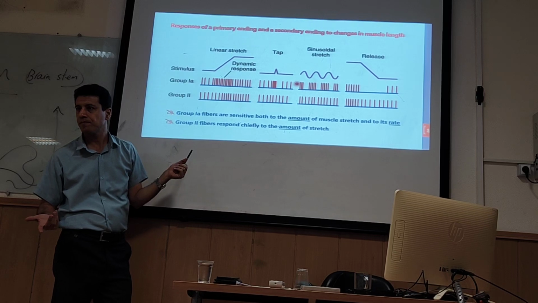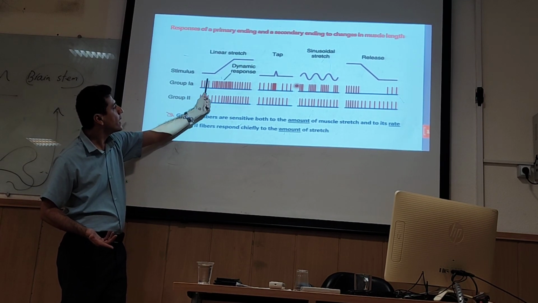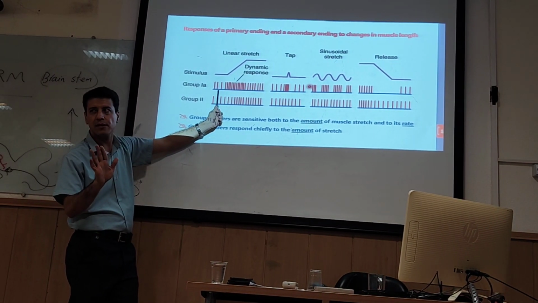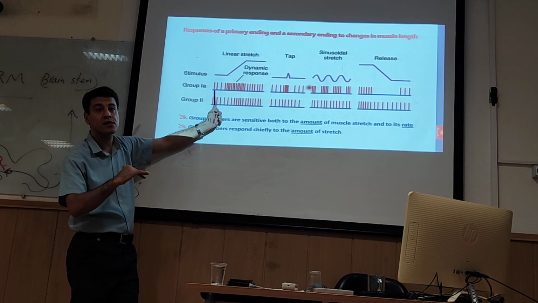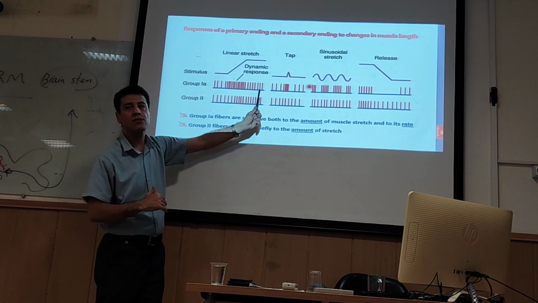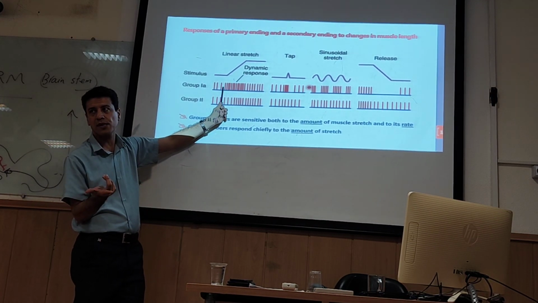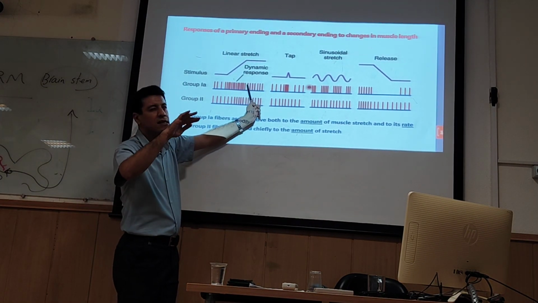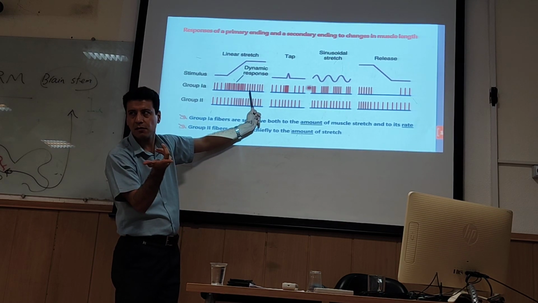static response. So imagine that before the stretch we had 3 action potentials per second. It's only an example. 3 action potentials per second at rest. During the stretch, it goes up to about 10 action potentials per second. After the stretch, it's about, let's say, 6 action potentials per second.